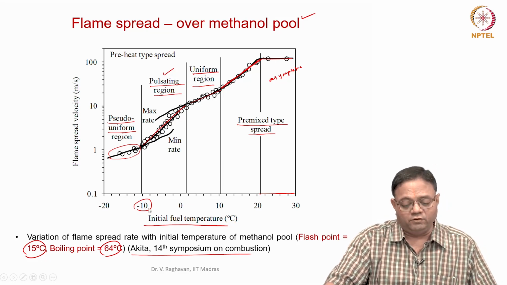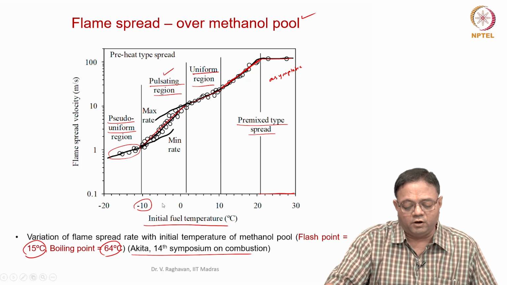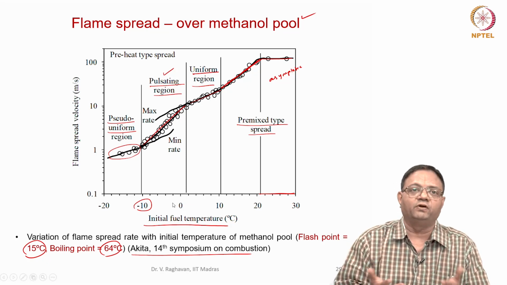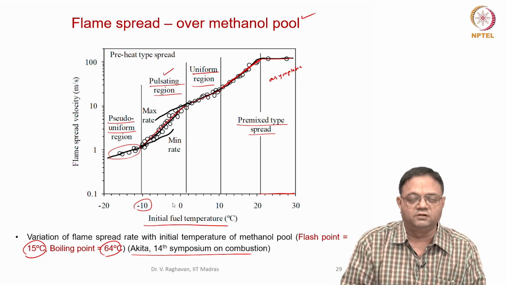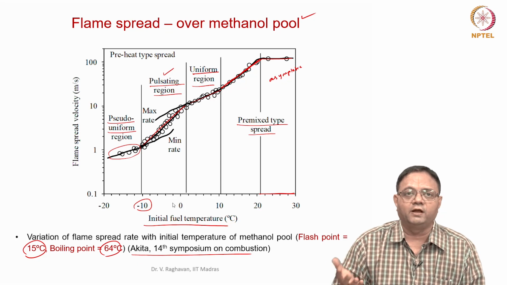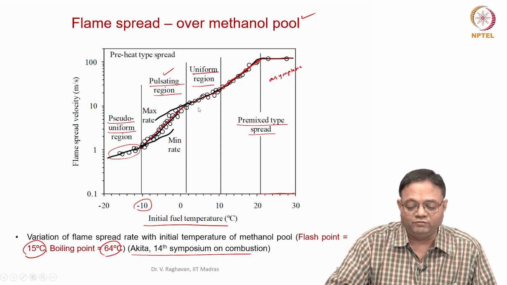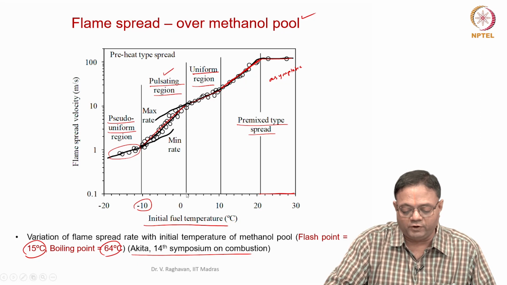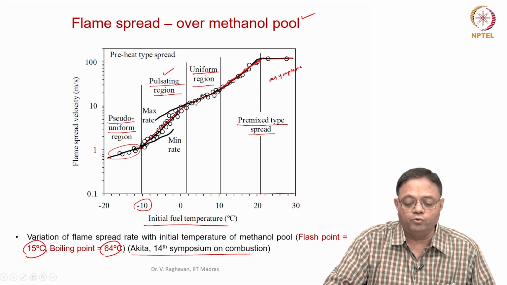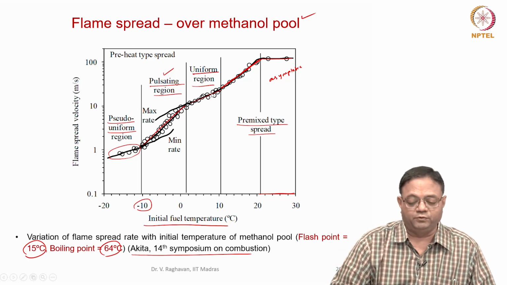For different fuels, the initial fuel temperature range for the pulsating region may be different. For methanol, this is what it is, but for dodecane, it may be different. Then after it is heated up beyond say 2 degrees, you will see an increase, but now it is also a uniform flame regime. There is not much increase, and the pulsating is absent now.